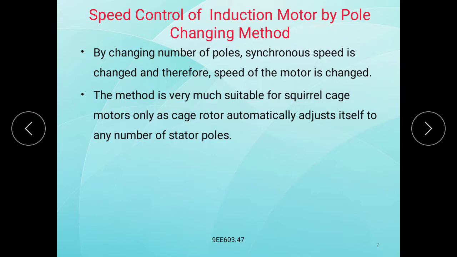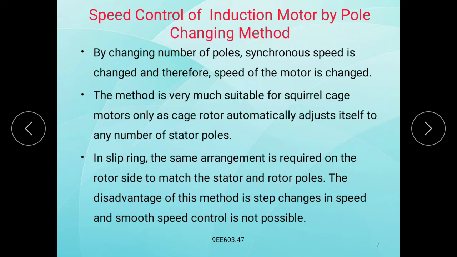In slip ring motors, the same arrangement is required on the rotor side. It is very important in slip ring to have the same arrangement on the rotor side to match the stator and rotor poles.